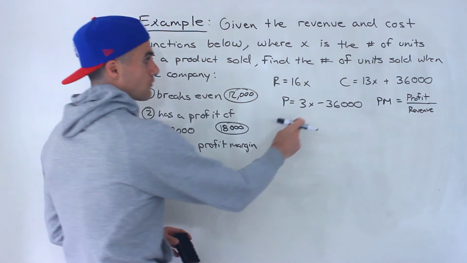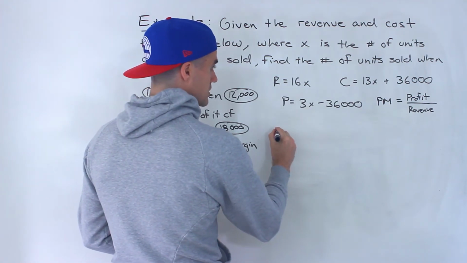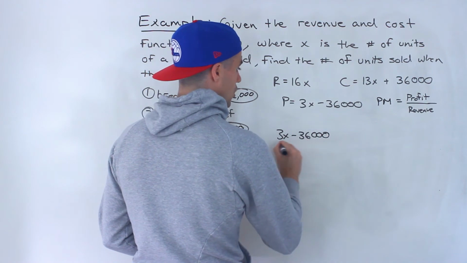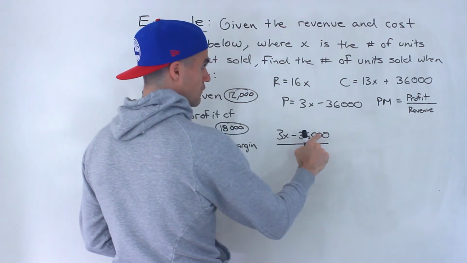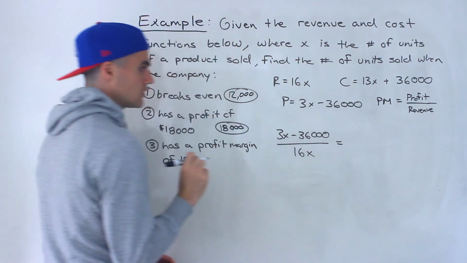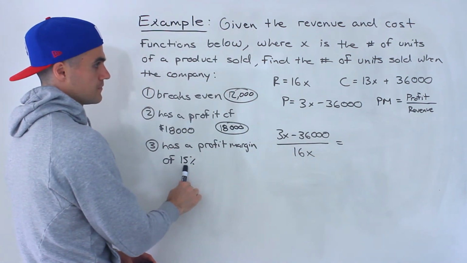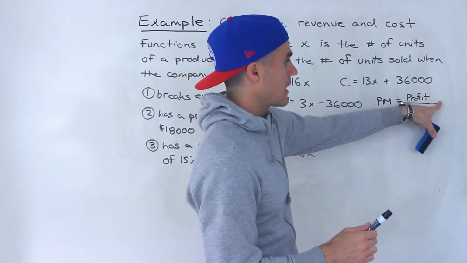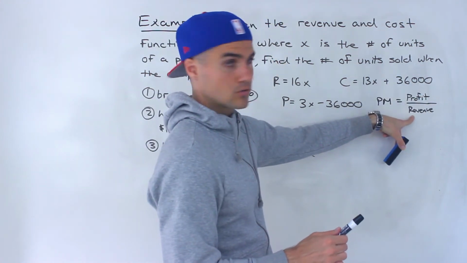So basically that ratio of both of these, 3x minus 36,000, that's the profit, over the revenue, 16x, has to equal 15%. Now, if you wanted to have this as a percentage, you'd multiply this by 100, because this is going to be a decimal over here.